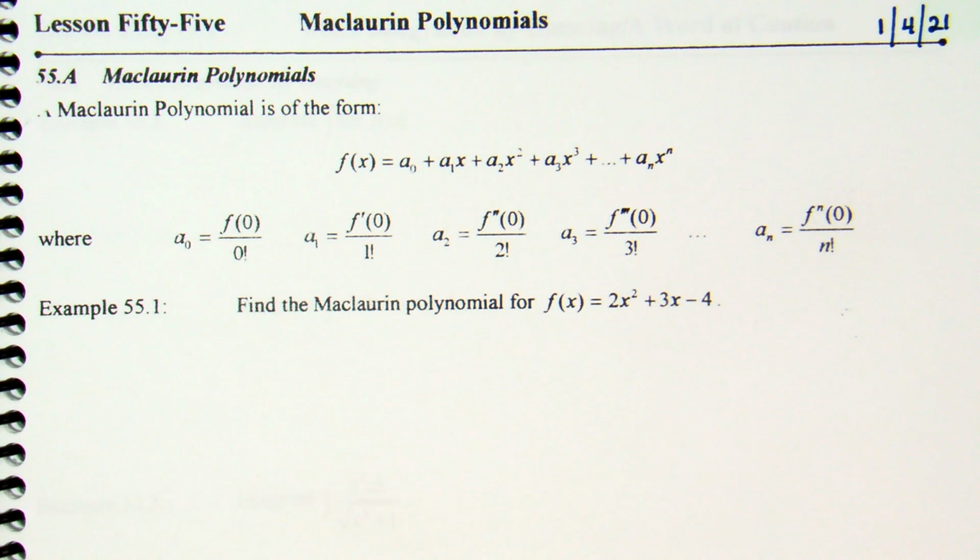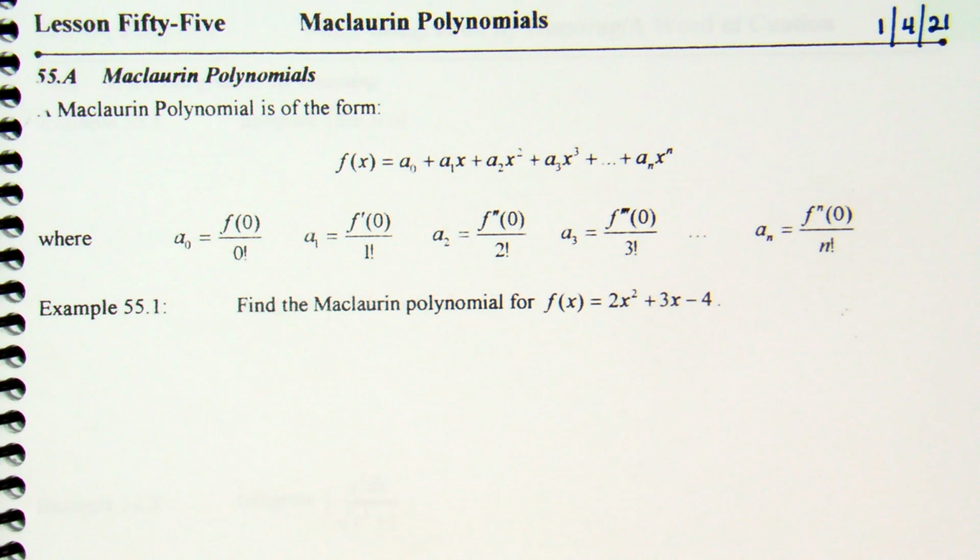Maclaurin polynomials lead us towards series, and series is more of a BC topic. However, we're still going to talk about Maclaurin polynomials and learn a little bit about them.